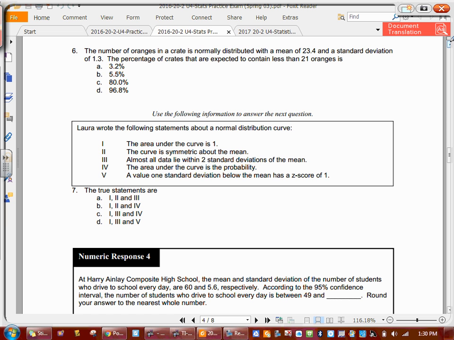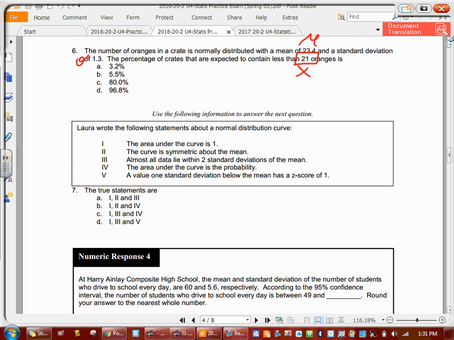Percent that are expected to contain less than this much. They're giving us a raw score data. That's X. So whenever I need to find a percent or an area or a probability, I need to use normal CDF. But in order to use normal CDF to find that decimal, I need to know the z-score. Remember, we're trying to find out between -5 and +5 where it lies on that diagram.